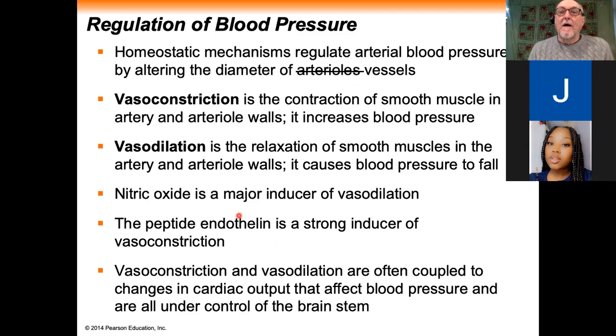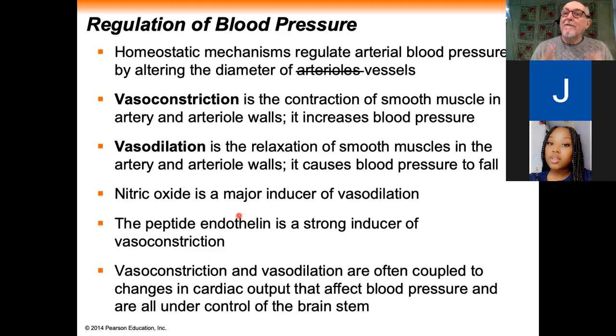Okay, so as I told you, blood pressure is something which is very carefully monitored by the body. In fact, it's monitored by the brain stem, for example, and is very, very carefully regulated. There are numerous physiological mechanisms, even involving the kidney and all the other kinds of organs that you might not realize were involved in blood pressure regulation.